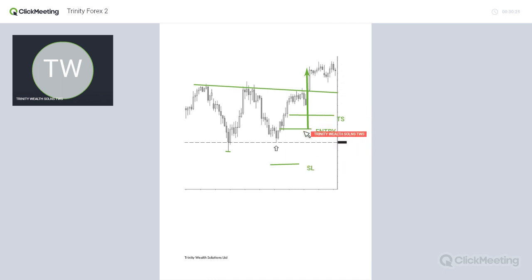We move up to break even. Break even means just plus a few pips, so that in case it reverses, we don't lose everything. We still get some profit. And then as the market moves, we continue trailing it. You're going to see how we continue trailing as the market moves up. So that's how you trade a W. You wait for confirmation of a double bottom.